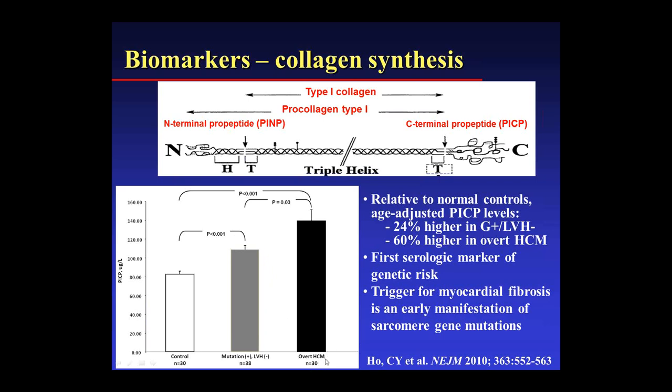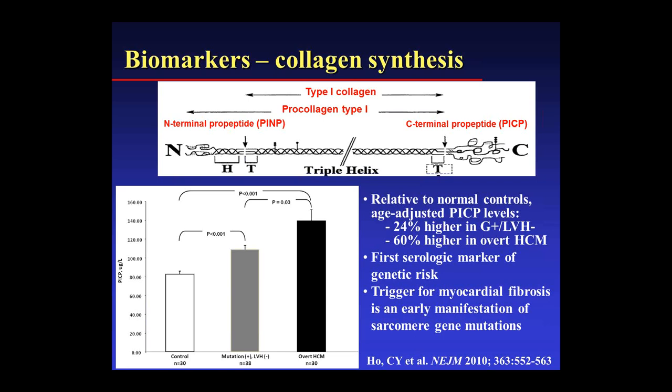Those patients with echo or CMR evidence of HCM have an even higher circulating level of PICP. And it's our thought that perhaps these biomarkers may be predictive of increased risk in HCM, and that's another aim of the HCMR study.